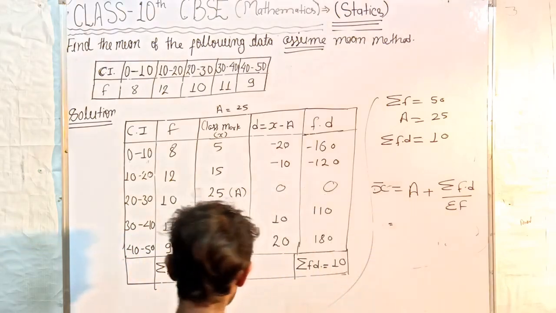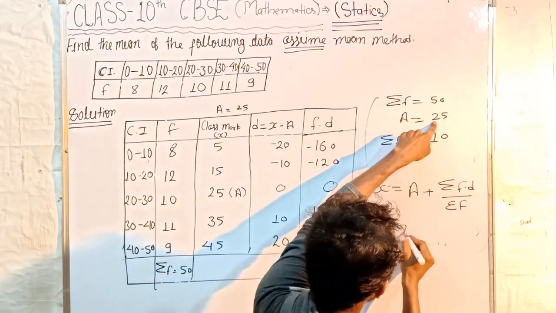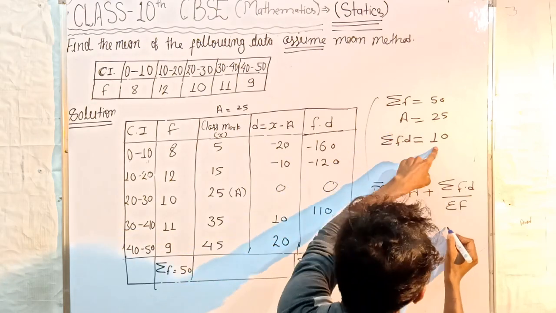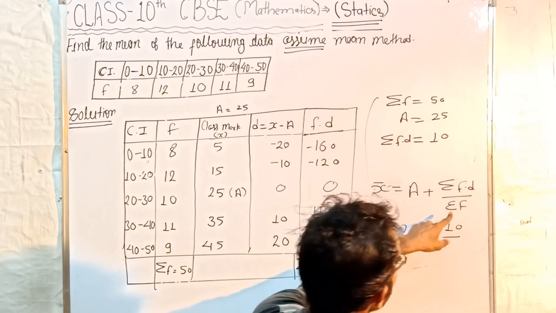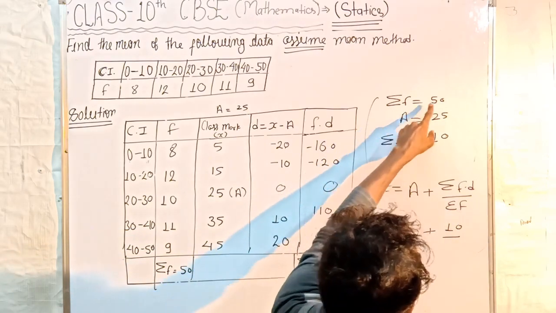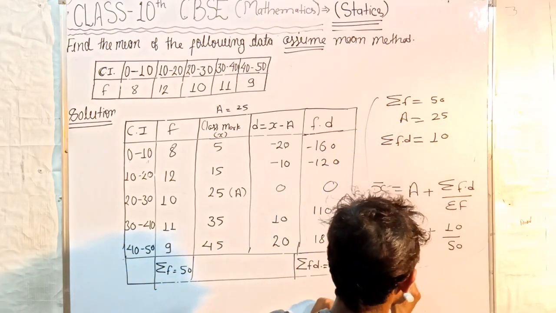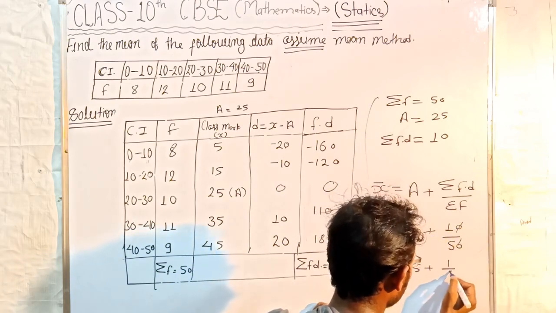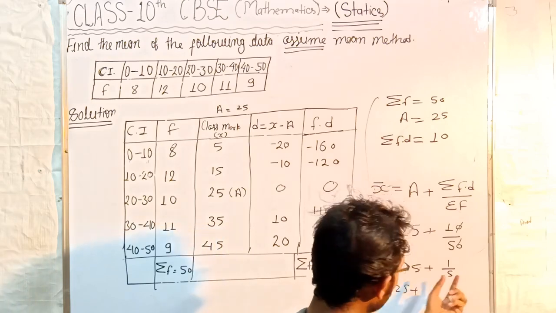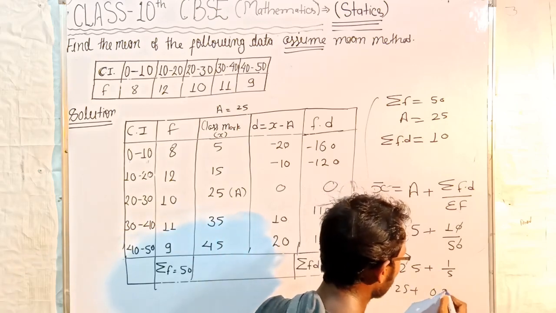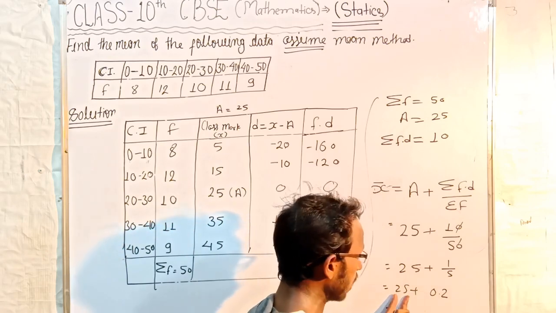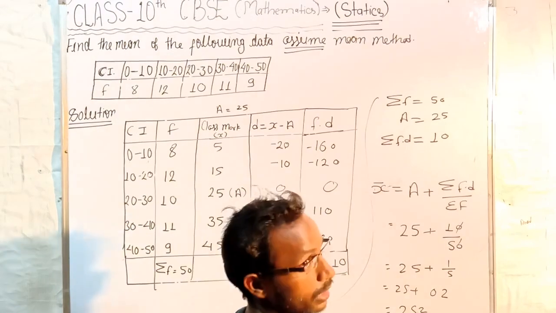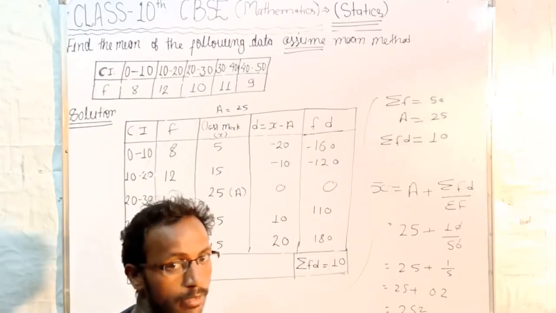Our assumed mean is 25, plus sigma fd, which is 10, divided by sigma f, which is 50. Now you can see this 0 and 0 will cancel out, giving 1 by 5. 25 plus 1 divided by 5, you will get 0.2. Adding 25 and 0.2, you will get 25.2. This is the same answer that you got in the previous video. Okay, thank you.